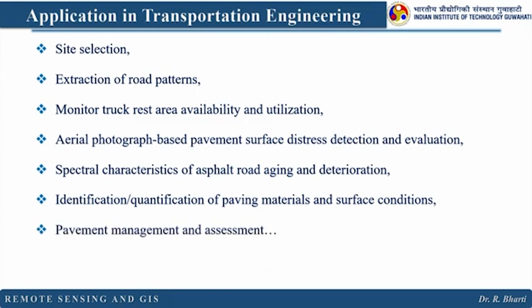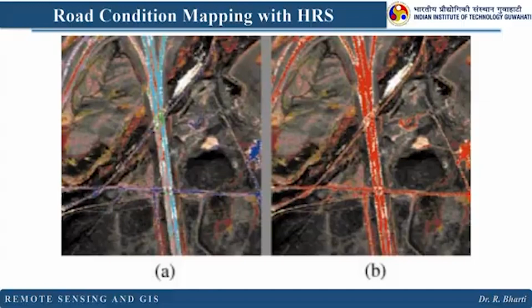All these can be done using remote sensing, in particular hyperspectral remote sensing, right. I will show you some examples where people have already used this technique and proved this method can be used in this application.